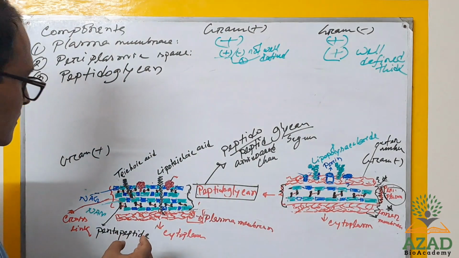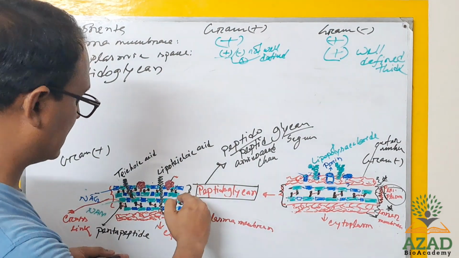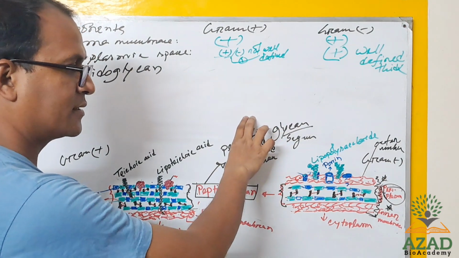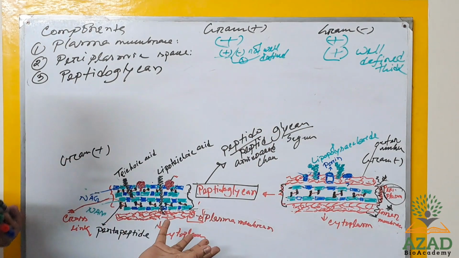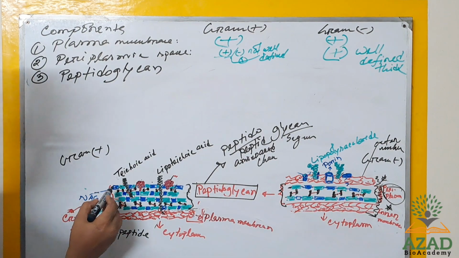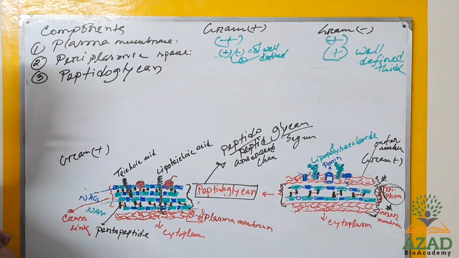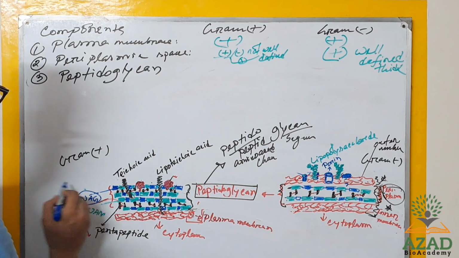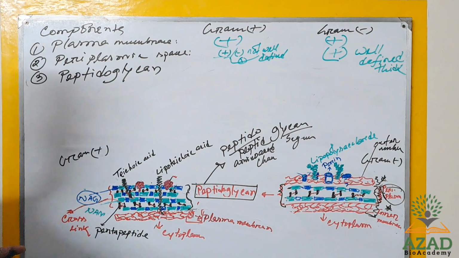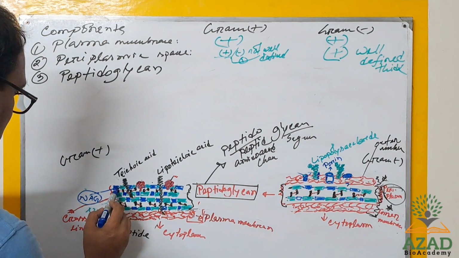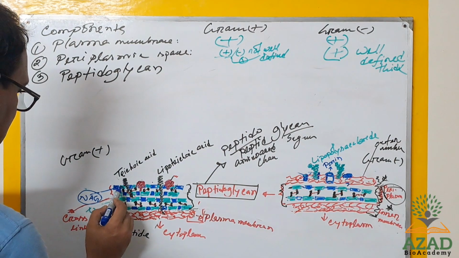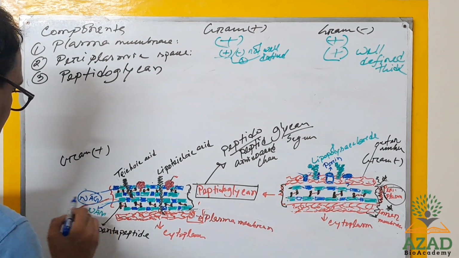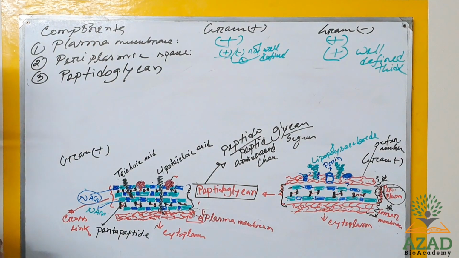So this layer, peptidoglycan, is made up of sugar and a peptide, an amino acid chain. Now, this blue color is noted here as NAG, that is N-acetyl glucosamine, and adjacent to the NAG, in green color, is NAM, that is N-acetyl muramic acid.